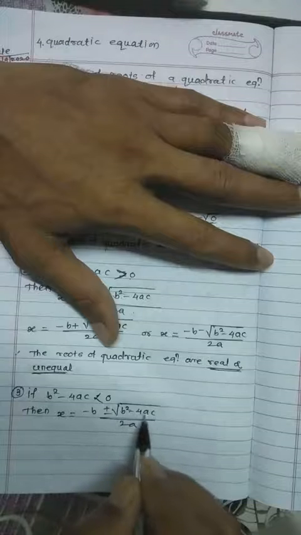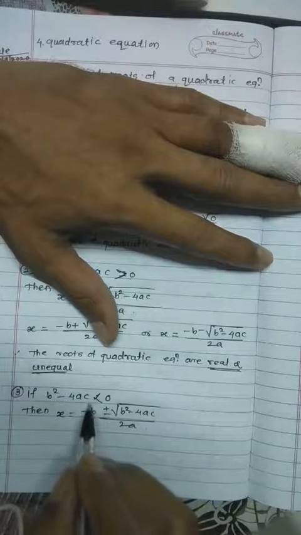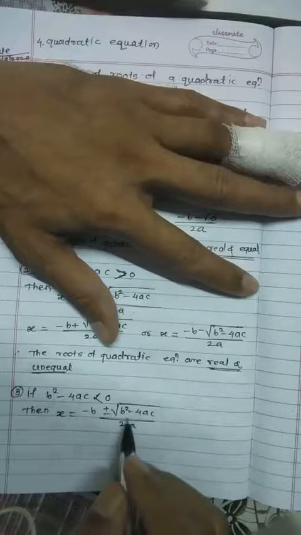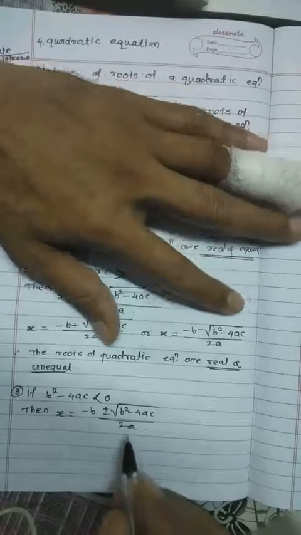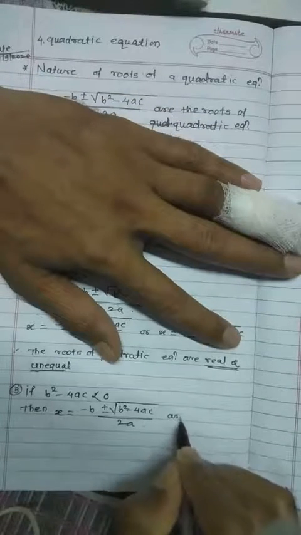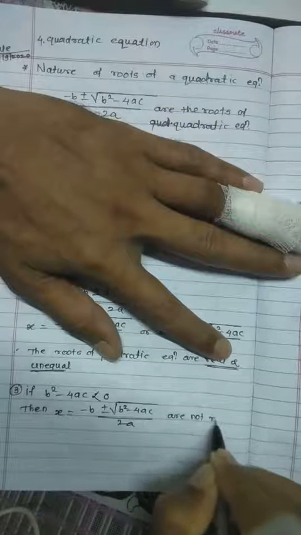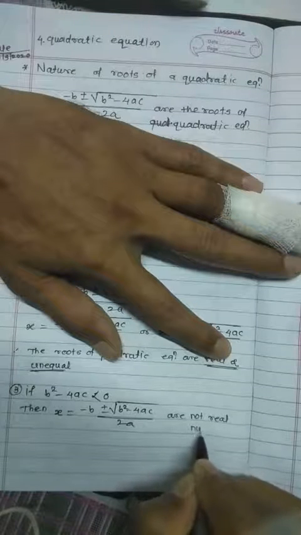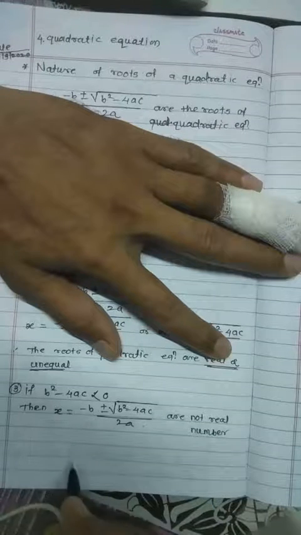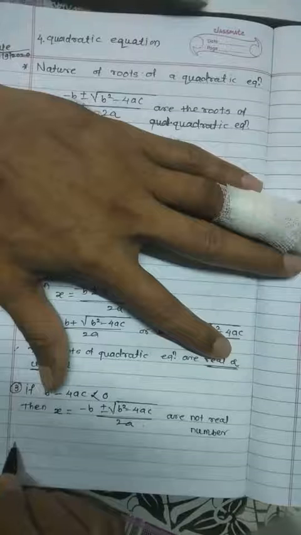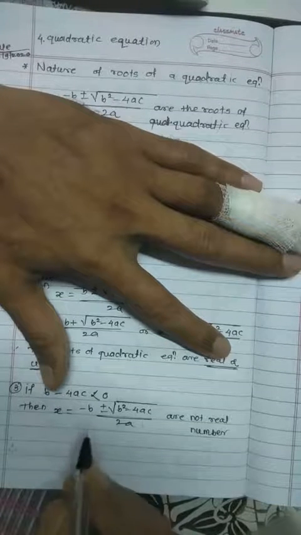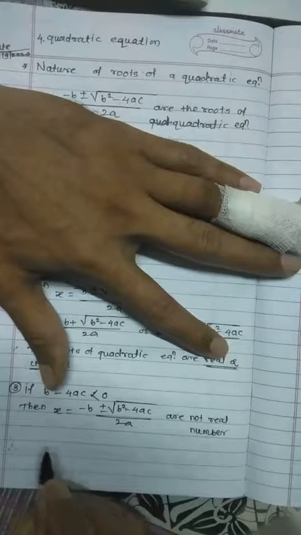This value b square minus 4ac is less than 0, meaning it is negative, and hence it is not a real number, and hence the roots of the quadratic equation are not real.